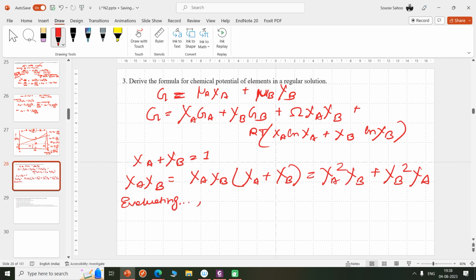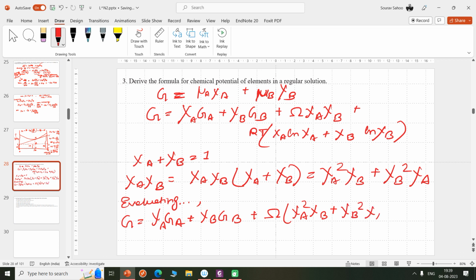we get G is equal to phi A Gb plus phi B Gb plus omega times phi A square phi B plus phi B square phi A, right?